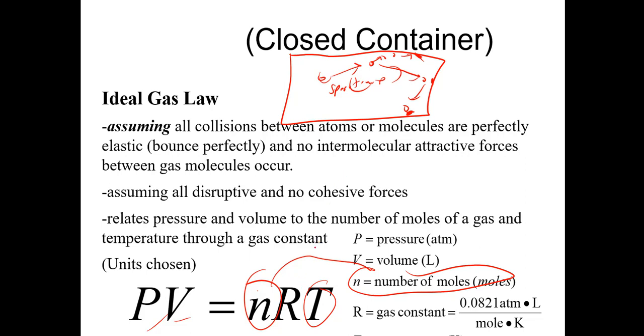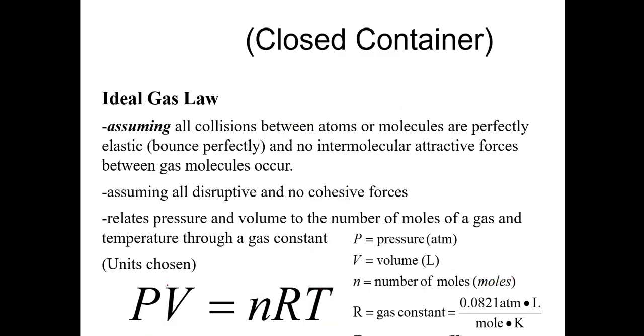Now, this R allows us to convert from one type of unit to another. So pressure and volume is going to be atmospheres and liters, and then n is going to be moles, and then temperature is going to be kelvins.